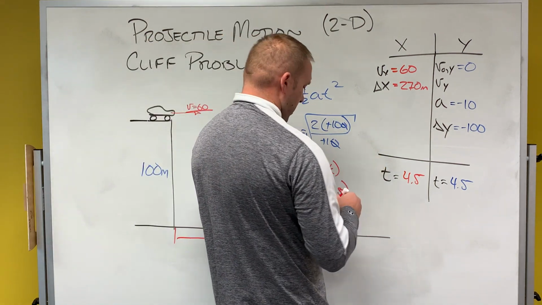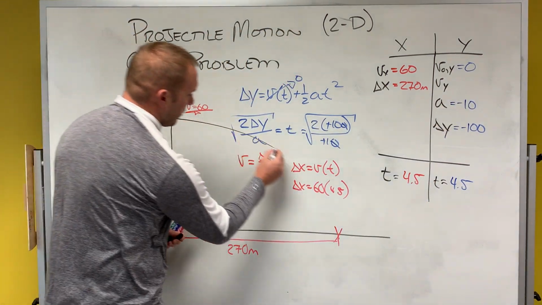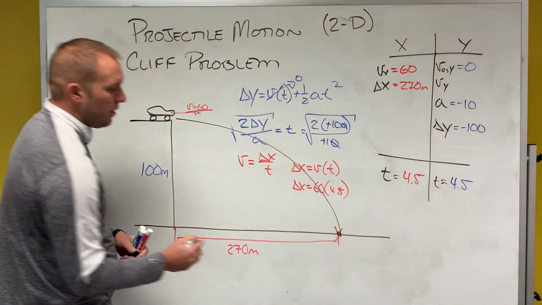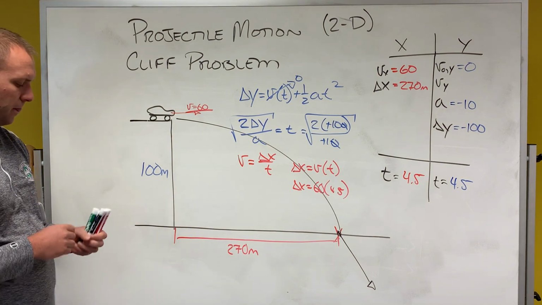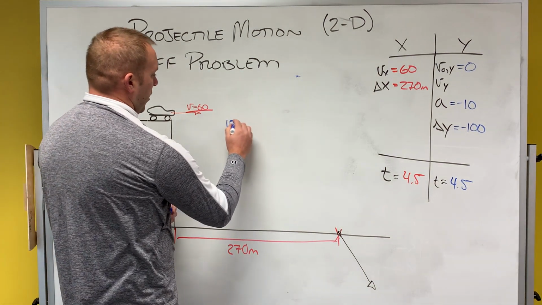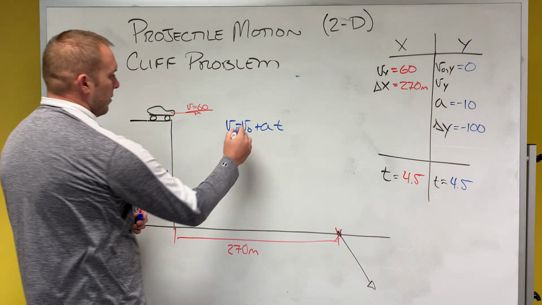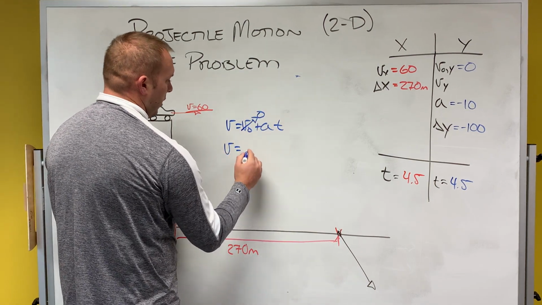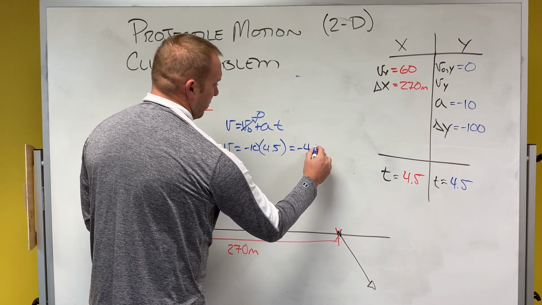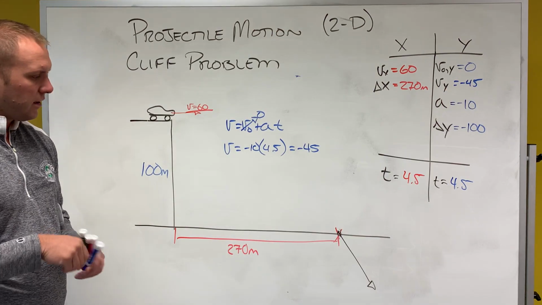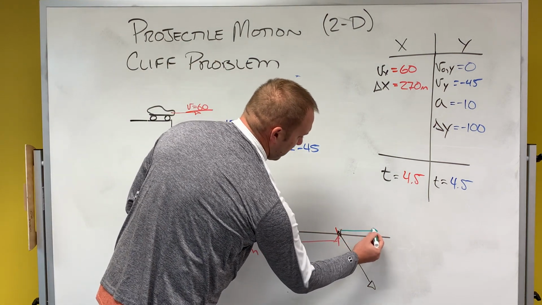What I will also solve for now, real quick, is my final velocity, as well as the total velocity when it hits here, because when it hits here, it's going to look like a path like that. And so it's actually going to be moving down at some angle, and we're going to solve for that total velocity there. To solve for my final velocity in the y, I can just use initial velocity plus acceleration times time, because I now know time. This again is 0, so my velocity in the y is negative 10 times 4.5, which is negative 45 meters per second. And then, again, down here, if I wanted to find my total velocity, well, I know that this is 60.